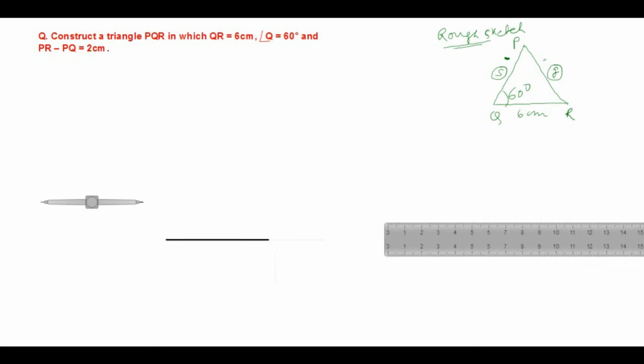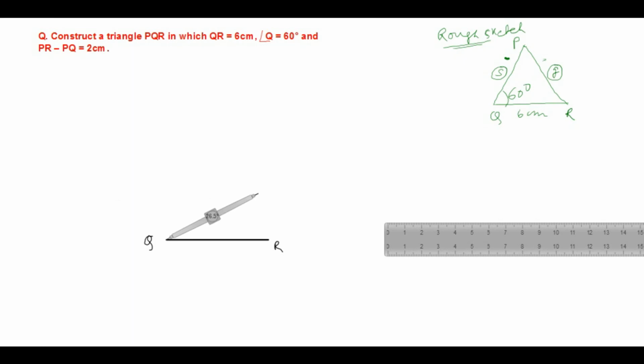You can give the names here: this point is your Q and this point is your R. I am writing Q a little beside this QR, and then you have to construct at Q an angle of 60 degree using a compass, and you know very well how to draw 60 degree using a compass.